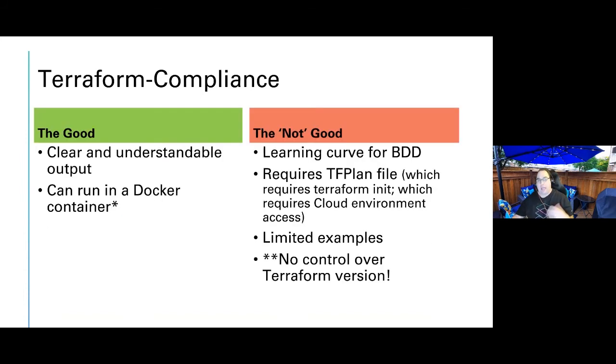What I liked about that, and you'll see, is that the output we get from Terraform Compliance is very clear, very easy to understand as a human reading the output. It can run in a Docker container as well, which is, again, an extra bonus, makes it easy to clean up after the fact.